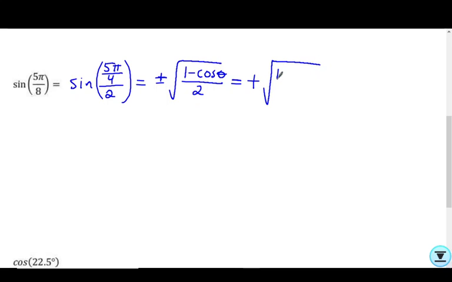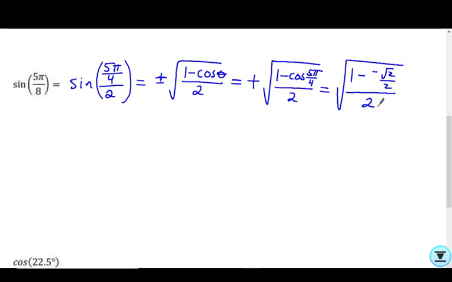And then it's going to be 1 minus cosine at 5 pi over 4 over 2, which ends up being the square root of 1 minus negative square root of 2 over 2 divided by 2.